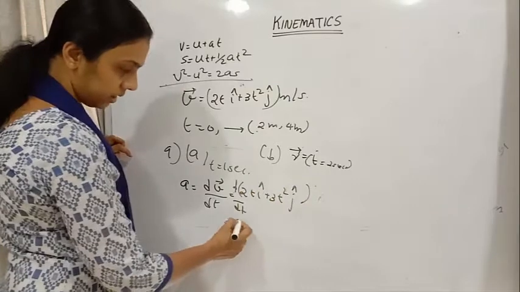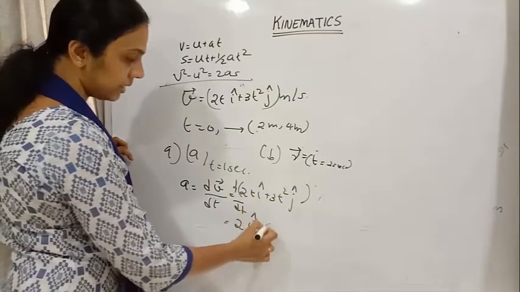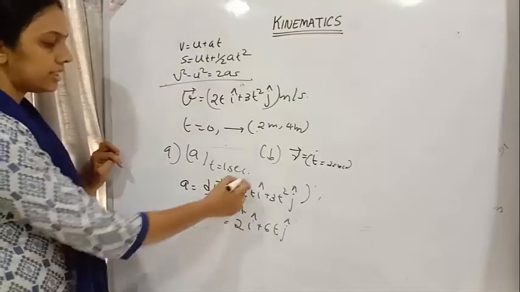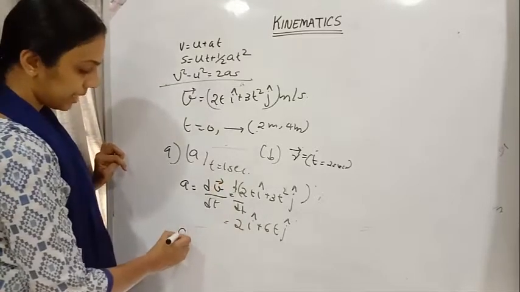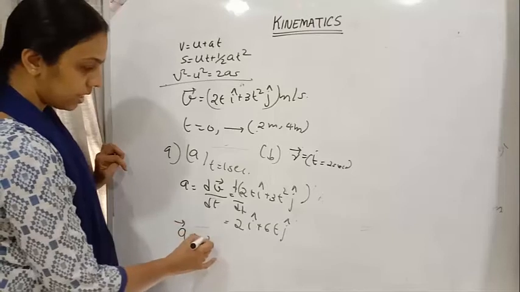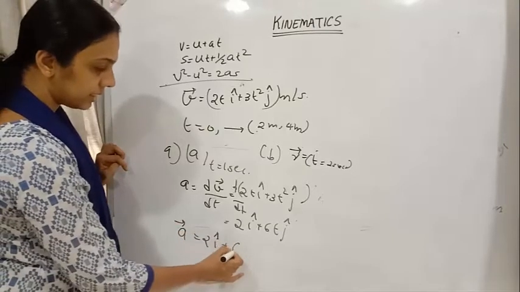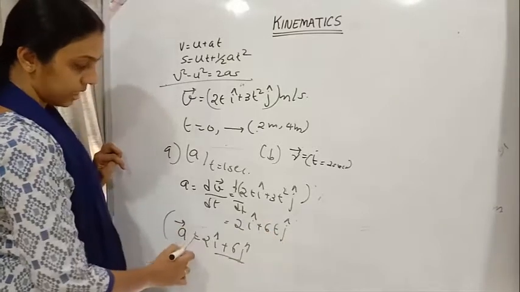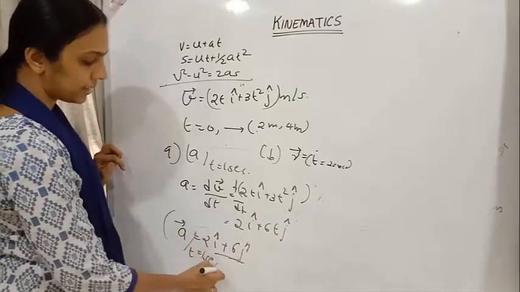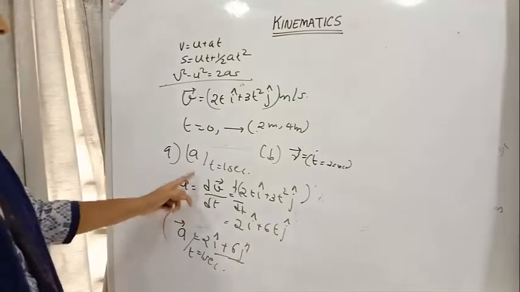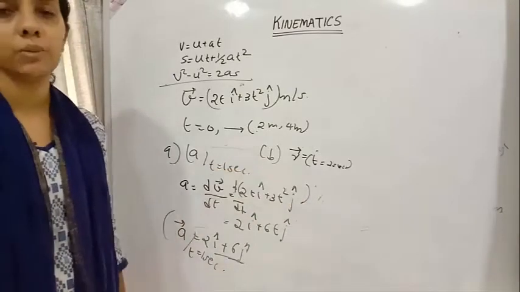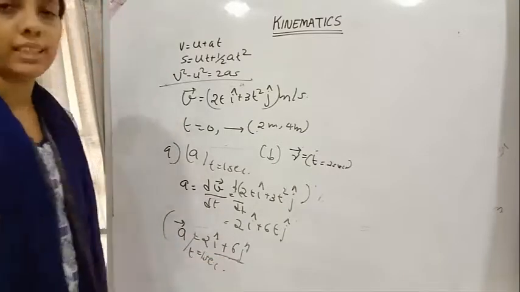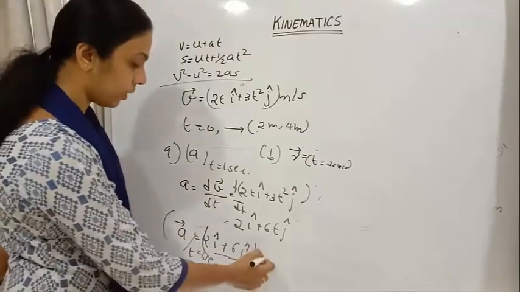That is 2i plus 6tj. At t equals 1 second, we will get acceleration equals 2i plus 6j. So it is a factor which depends on time, so it is not uniform acceleration, it is non-uniform acceleration. Acceleration is changing with respect to time. So acceleration value 2i plus 6j meter per second square we got.